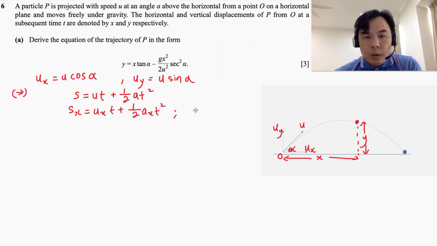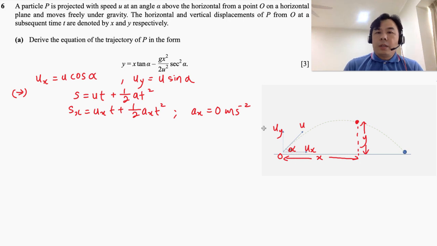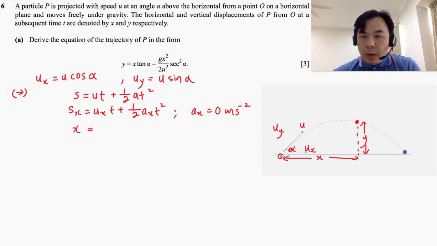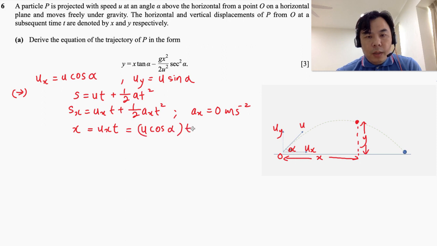And then for the horizontal component, because there is no air resistance, its horizontal acceleration must be equal to 0. Therefore, this can be simplified into x, because we label the horizontal displacement as x, given as u_x t, and u_x t is the same as u cosine alpha t.